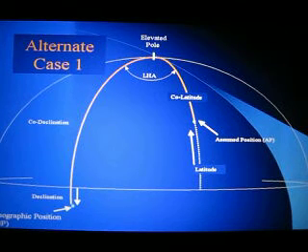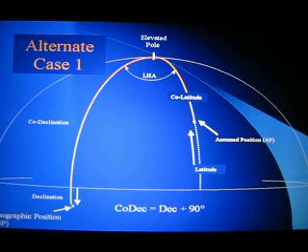When you're looking in the site reduction tables, you go to the contrary page in this case. This changes the geometry a little bit of the triangle, and it changes the definition of the codeclination. That becomes then the declination of the geographic position plus 90 degrees. But that's all done for you automatically in the site reduction tables when it solves this triangle.